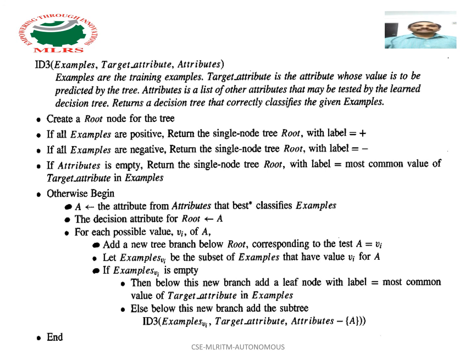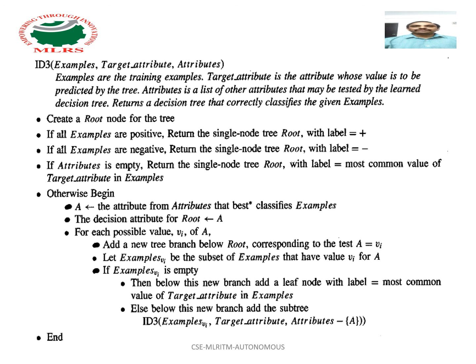If attributes are empty, return the single node tree root with the label being the most common value of the target attribute in examples. Otherwise, we have to follow our process to find the root node and its descendant nodes.